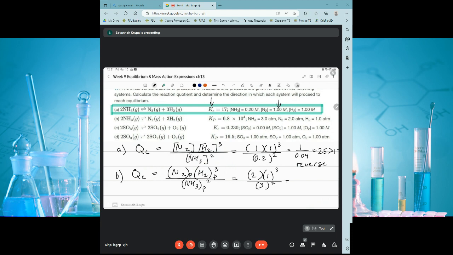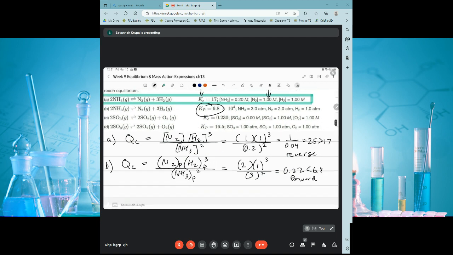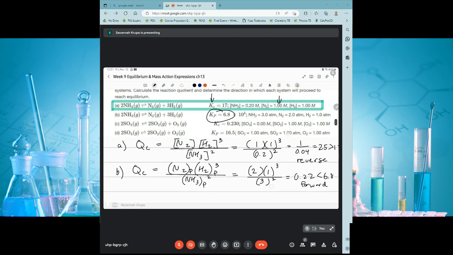And so solving that out, we will get a value of 0.22. And because the Kp value was 6.8, which means it's going to be less than the reaction quotient, it will proceed forward because it still can make more of the product. So that's why it proceeds forward instead of backwards.